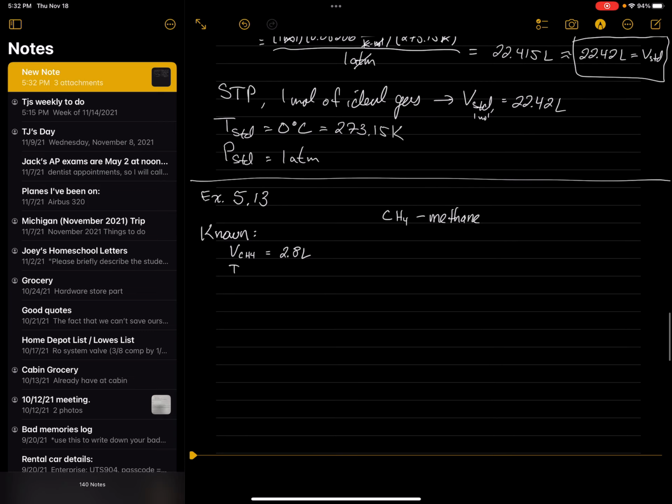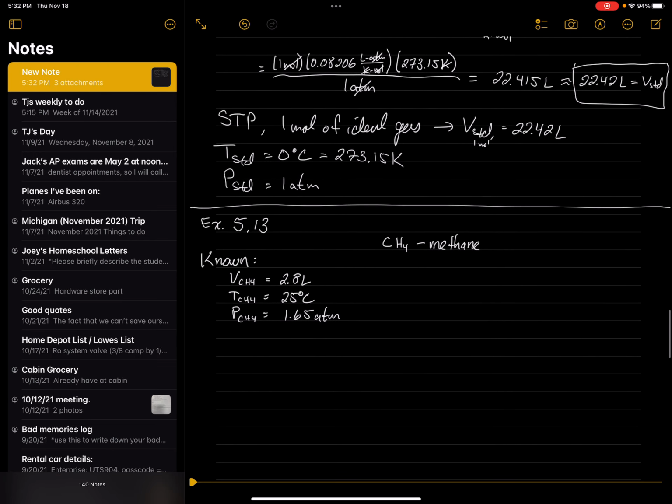And we're also told the temperature of the methane is 25 degrees Celsius, and the pressure of the methane is 1.65 atmospheres. We're also told the volume of oxygen, and this is 35 liters. The temperature of oxygen is 31 degrees Celsius, and the pressure of the oxygen is 1.25 atmospheres.